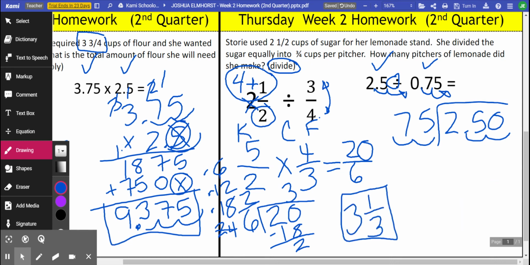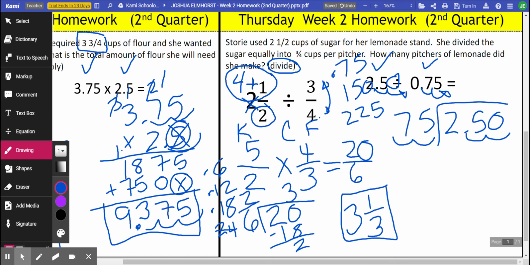So 75, we could probably do a little chart for that. 75 and 75 is 150. And then 75 plus 150 is going to give us 225. And then if we did one more multiple, that'd be too much. So let's check this here. So this is 1, 2, 3 multiples. 3 times 75 is 225. 75 cannot divide into 2. 75 cannot divide into 25.